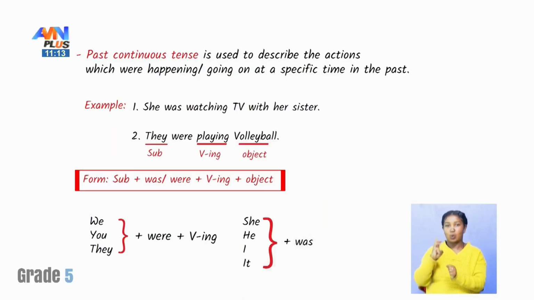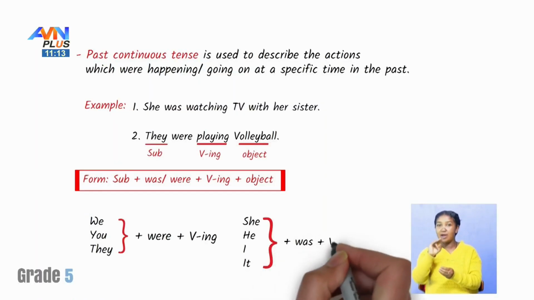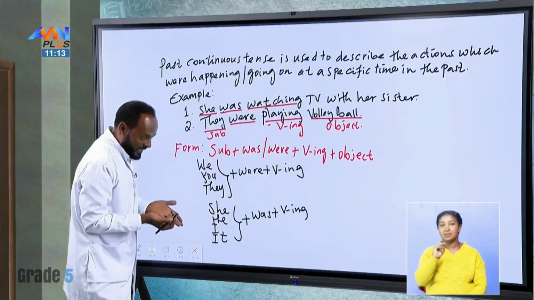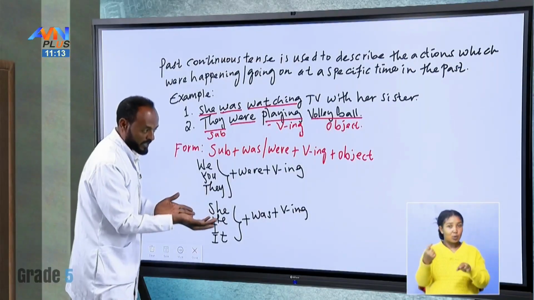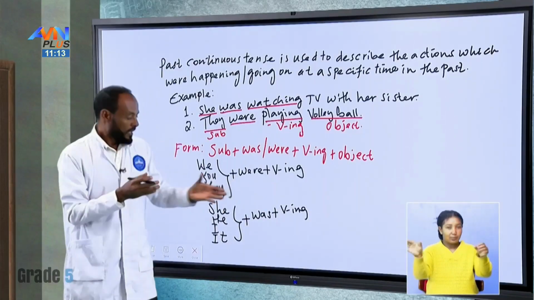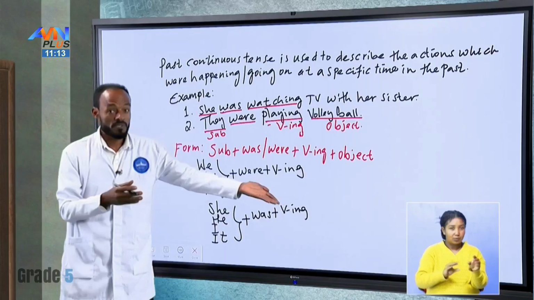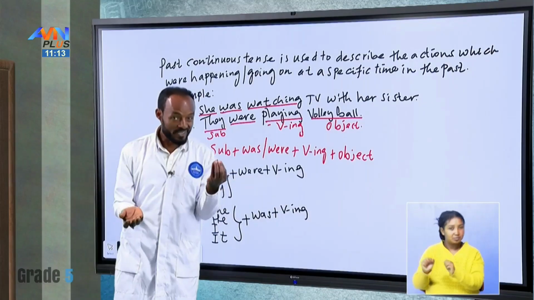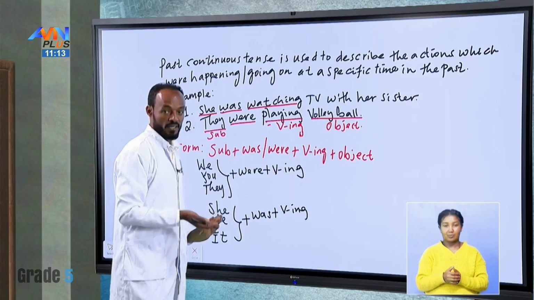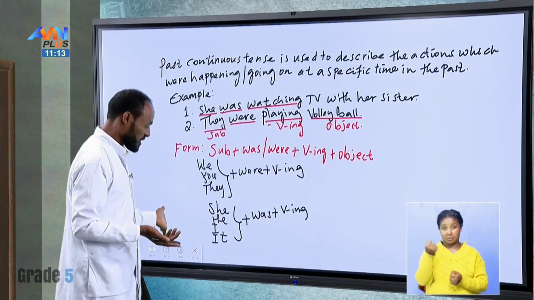Was plus verb-ing. Then, if necessary, we can add what? Object. But if we don't want to use an object, it's possible. To make it clear, it is better if you use an object in the sentence. Okay? Bravo, I hope this one is clear for you.